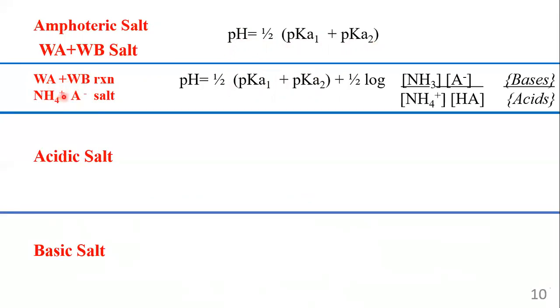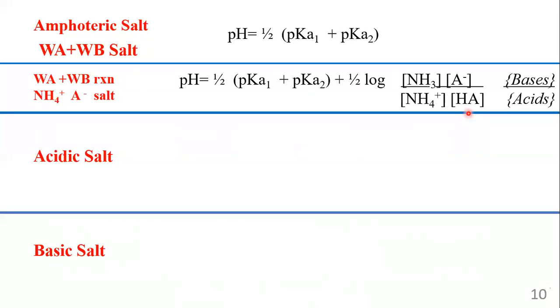But if the anion and the cation are not the same, and if the Ka is not really close to the Kb value, then the concentrations of the bases and the acids don't actually cancel out. And we have to use this equation, which is pH equals half pKa1 plus pKa2 plus half log of the base concentration divided by the acid concentration.